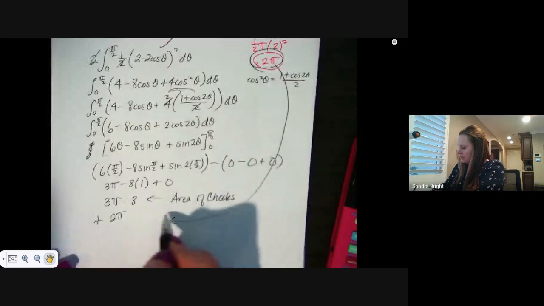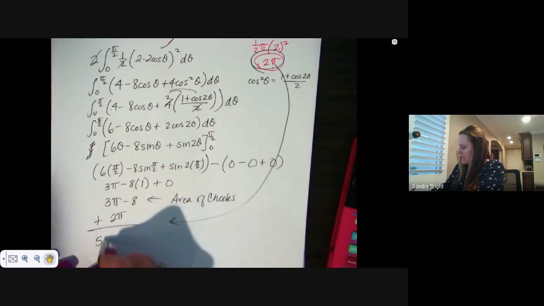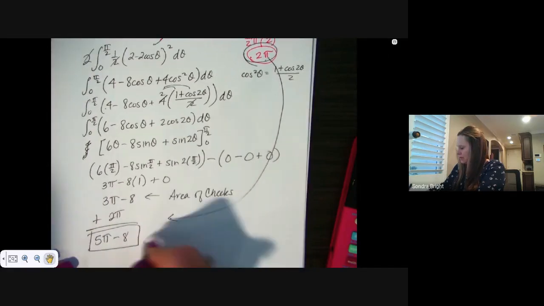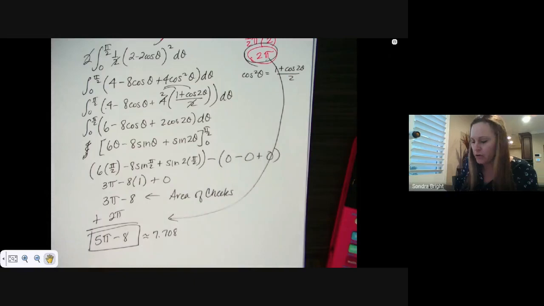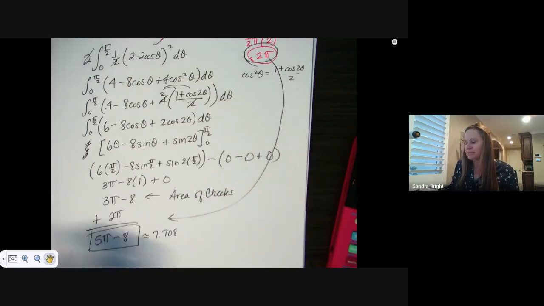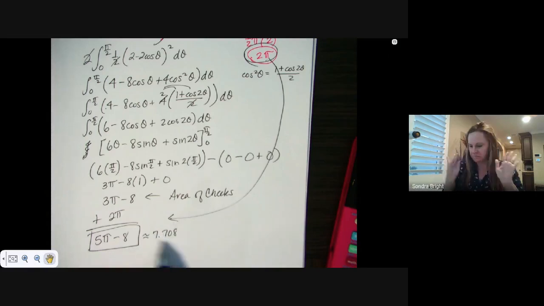And so your final answer should have been 5 pi minus 8. In decimals, that is 7.708. So in case you get a slightly different answer and you're not sure if yours is correct, put it in your calculator. If you get the same decimal approximation, you're golden. You're totally fine, because it's quite possible that your answer looks a little bit different from mine.